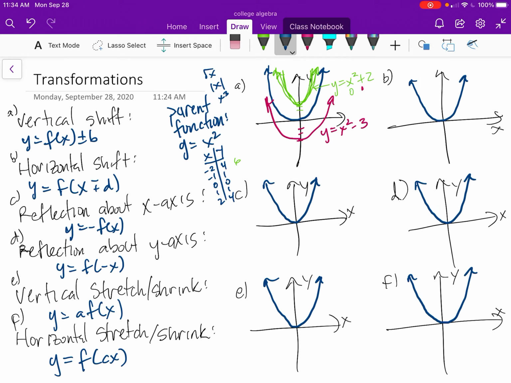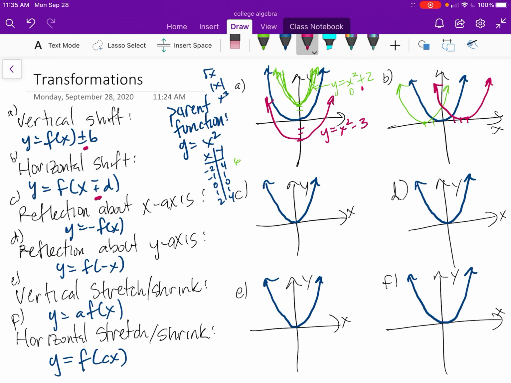Next, what would a horizontal shift look like? First off, on the graph, shift this entire parabola to the left 2, or shift it to the right 3, or whatever. That's a horizontal shift. So how do you know which one is which? Notice the formula has minus plus. It's backwards. Over here we had plus minus, here it's minus plus.